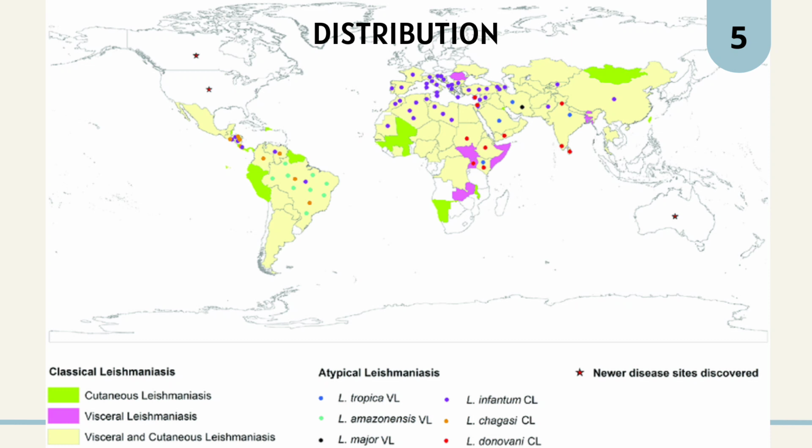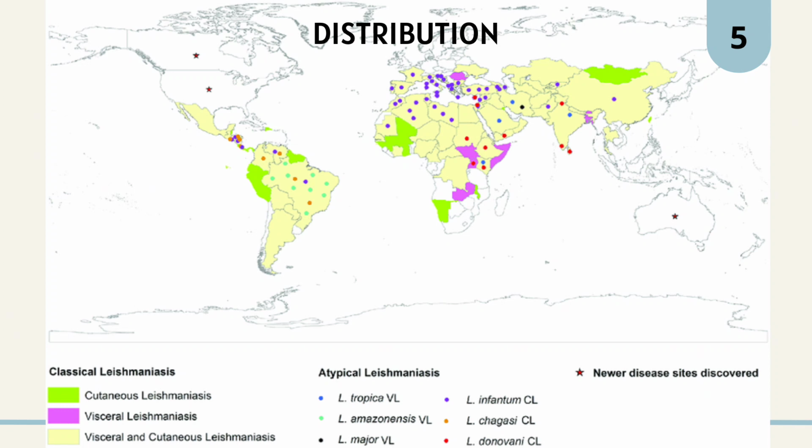Now, let's proceed to the distribution. As you can see here in the picture, there are different colors here because leishmaniasis also comes in different forms, which are cutaneous and visceral. Also, there are different parasites that cause them.